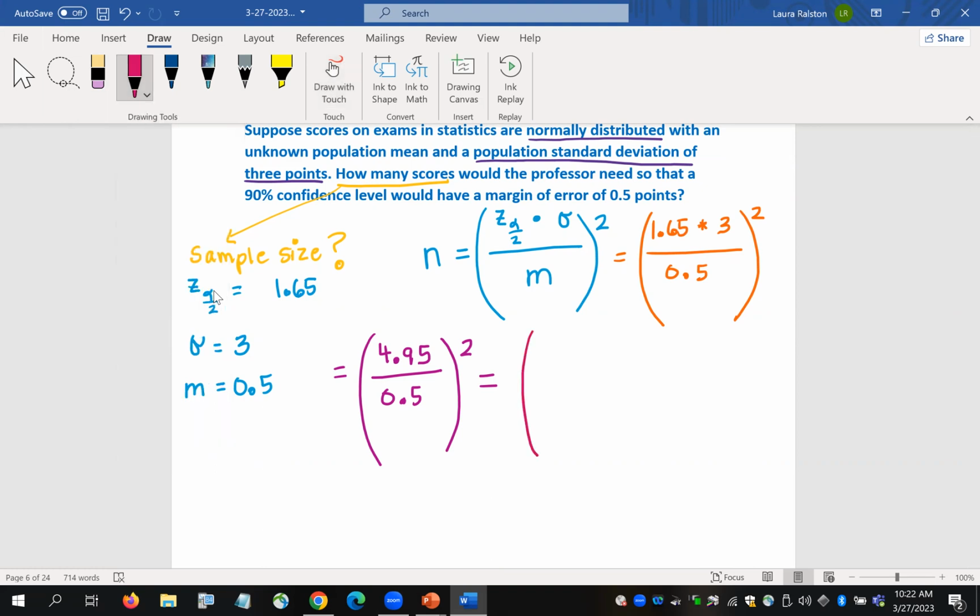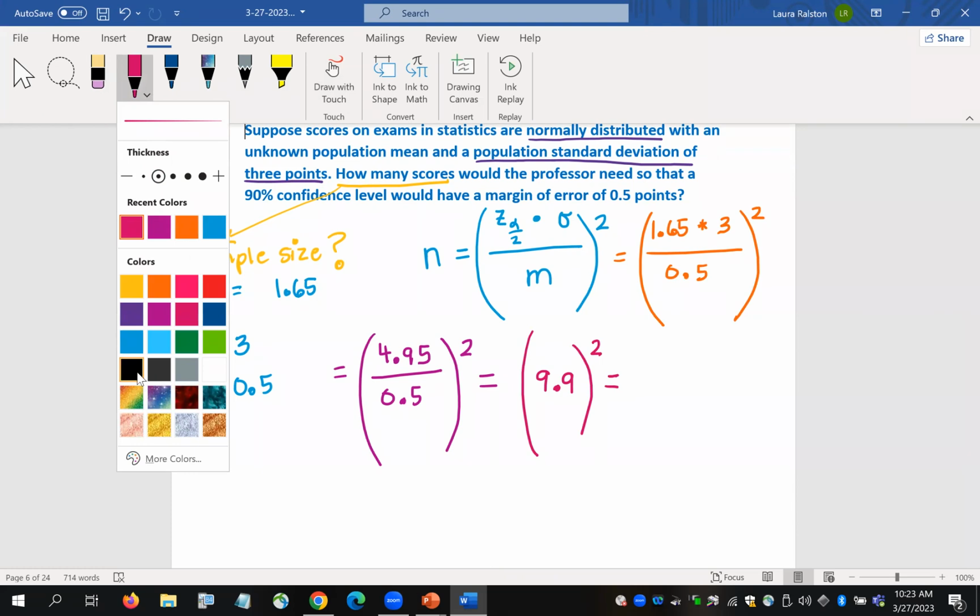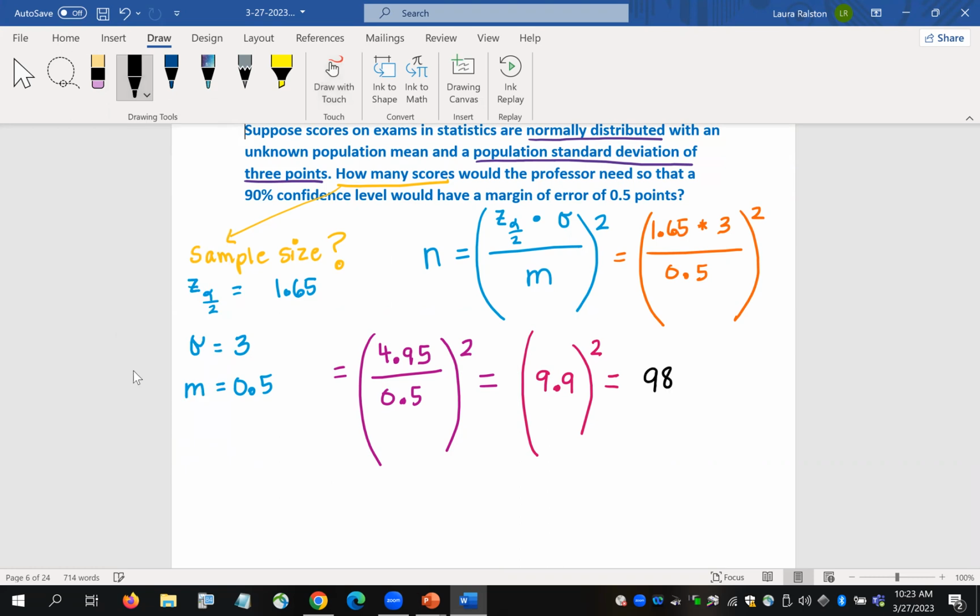Okay, so then I have 4.95 divided by 0.5, which gives me 9.9. Then I'm going to square it. So the last step is to square 9.9, and I get 98.01.